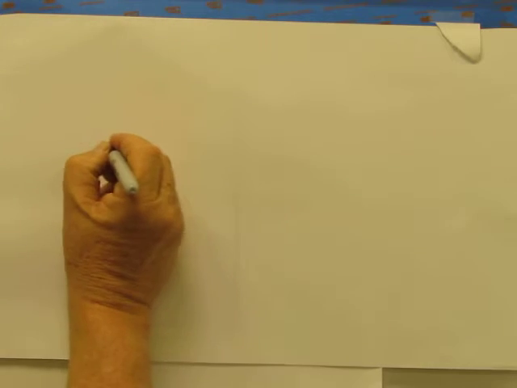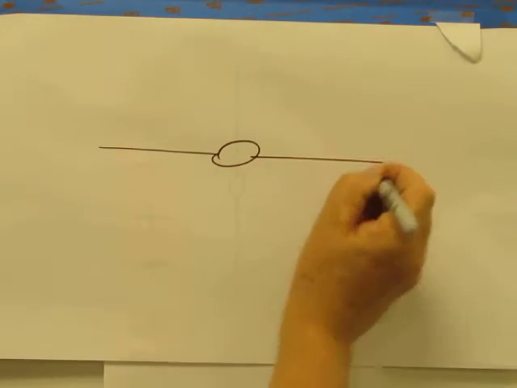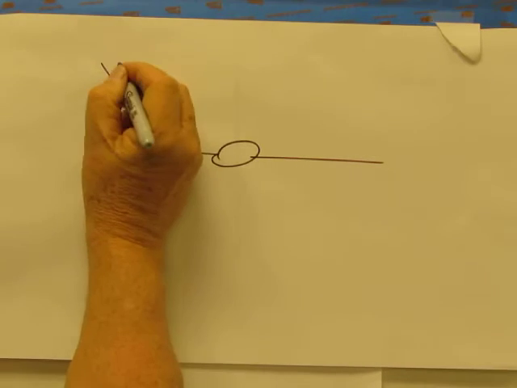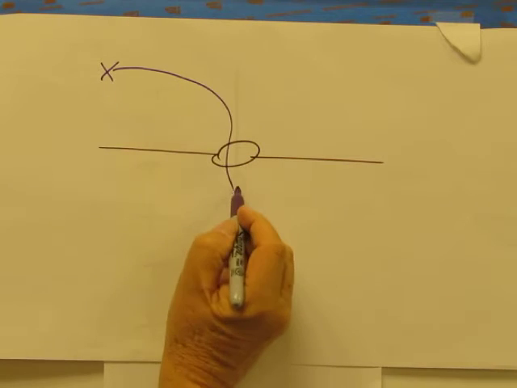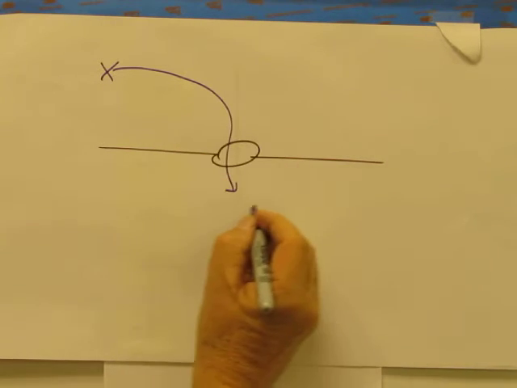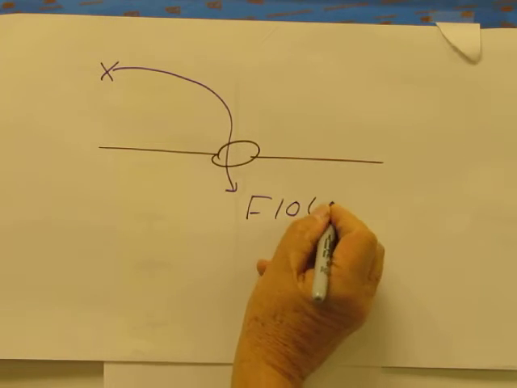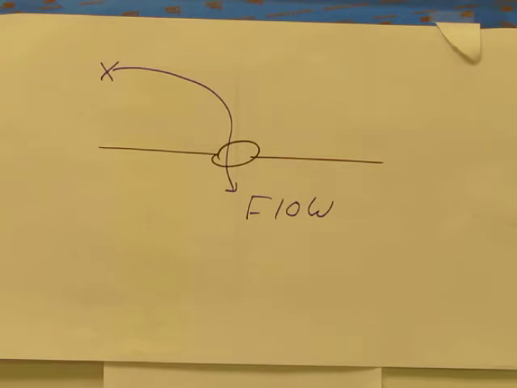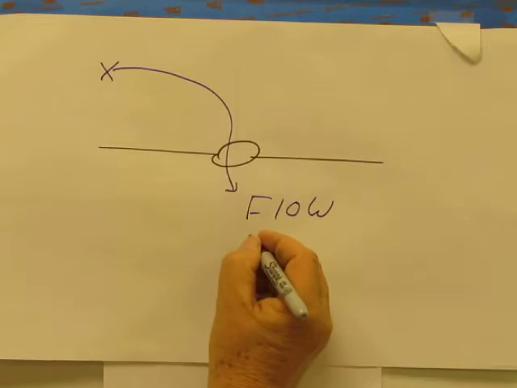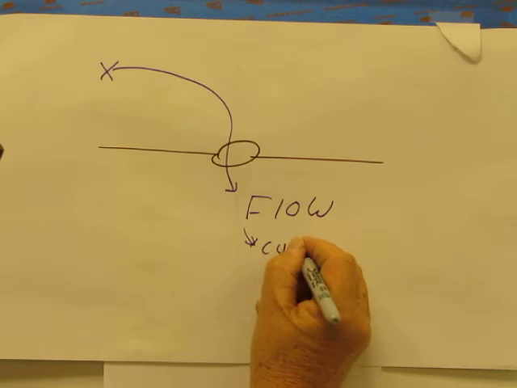If you have a membrane, an ion, doesn't matter which one it is, allowed to flow through here, you'll have a flow. Whenever you have a flow, you'll have a current.